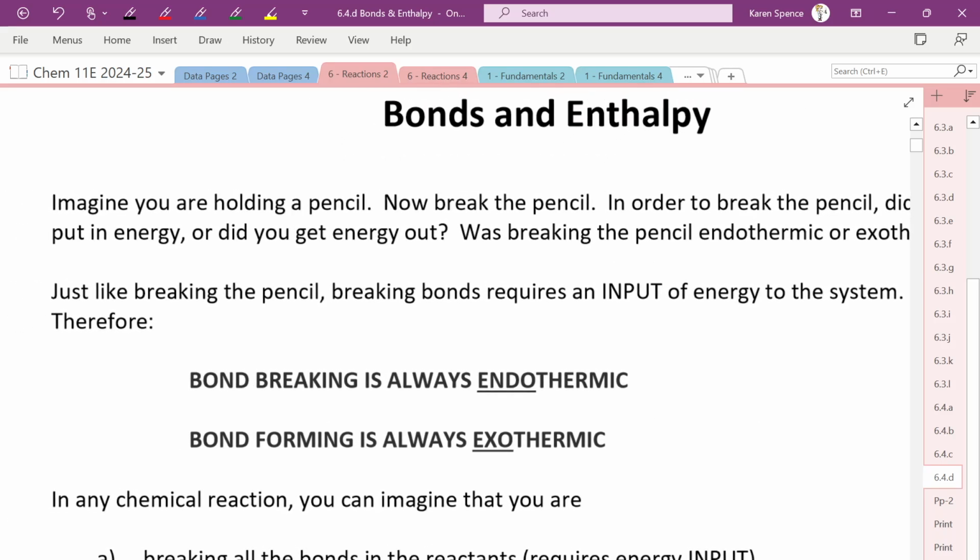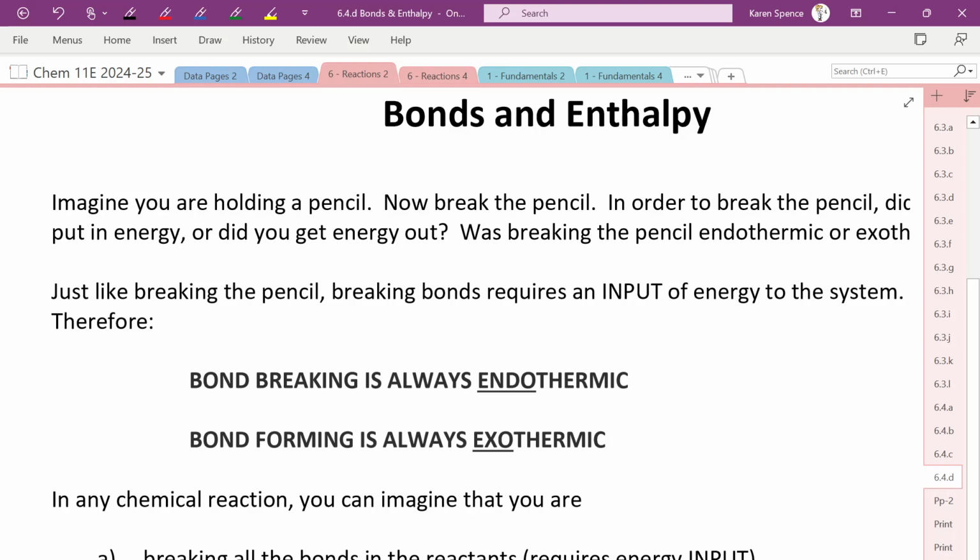Imagine you are holding a pencil. I'm not going to use a pencil. I'm going to use a little cheap chopstick that I have here, okay? And now I'm going to break the chopstick. In order to break that, did I have to put in energy? Yes, I did. So if you remember the pencil, bond breaking, because I broke some bonds here, yes, there were bonds holding it together, bond breaking required an input of energy.